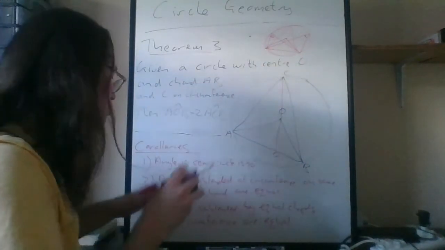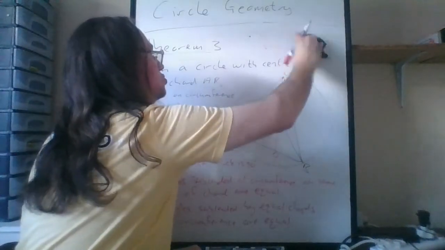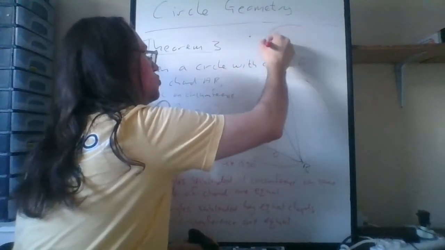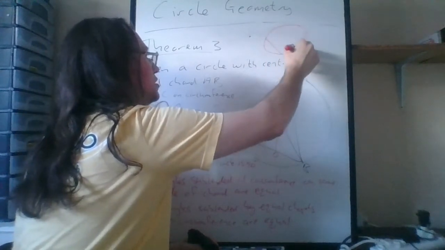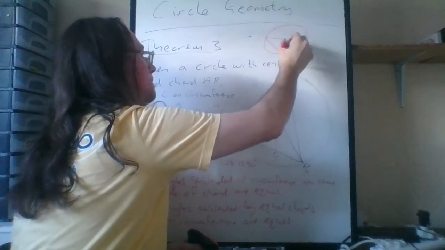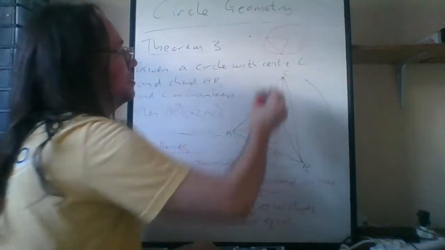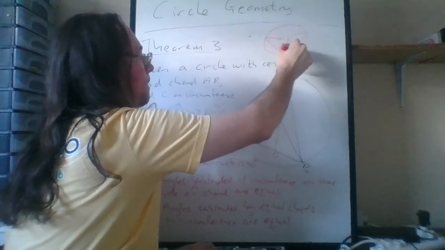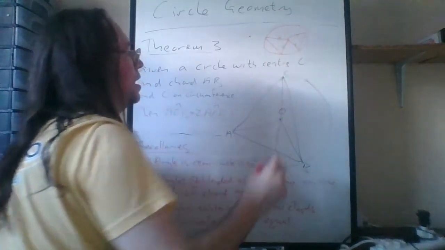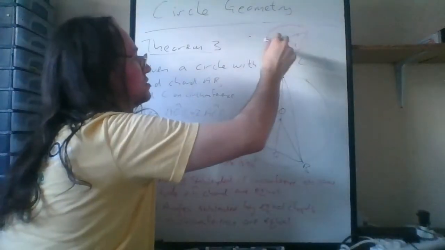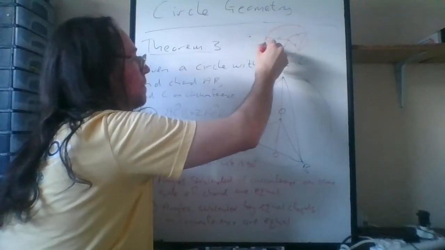And then, for the same reason, if you take equal chords, so not necessarily the same chord, but equal chords, if you take a chord over here and a chord over here, and you take the center of the circle, because the radii are equal to each other, you have congruent triangles because of equal length chords.